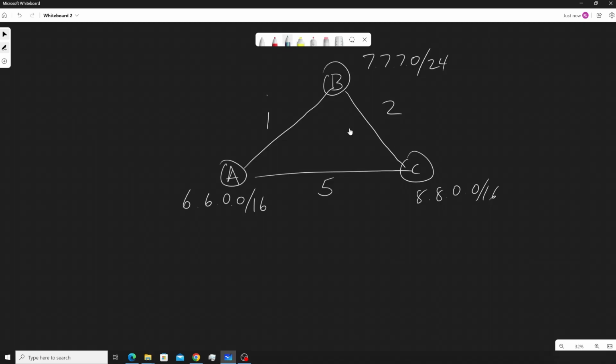We can clearly see that the shortest path is over here from A to B to C, avoiding that expensive path, which costs 5. But if this is our first time setting up the network, then these networks have no idea what the shortest path is.